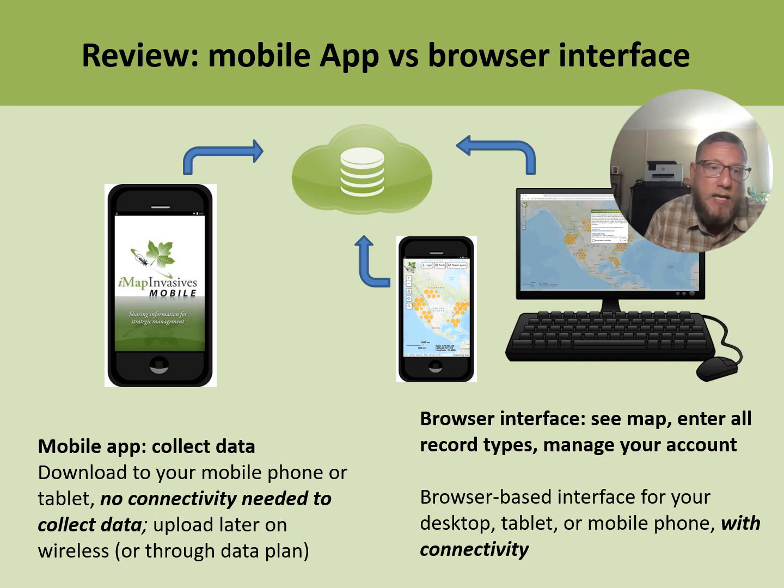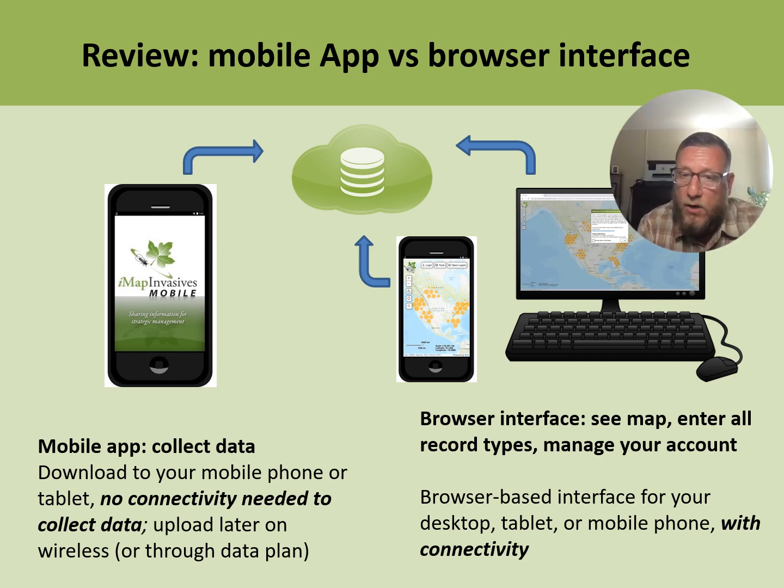What's nice about the mobile app, so if you download the mobile app on your phone, you do not need that connectivity. You can just open up the map, and open up the app, the iMap Invasives mobile app on your phone. And again, you can be in the backcountry, you can not have service, and you can still collect data. And your phone will still know where you are. So a lot of these mobile apps are actually using the satellite receiver in the device.